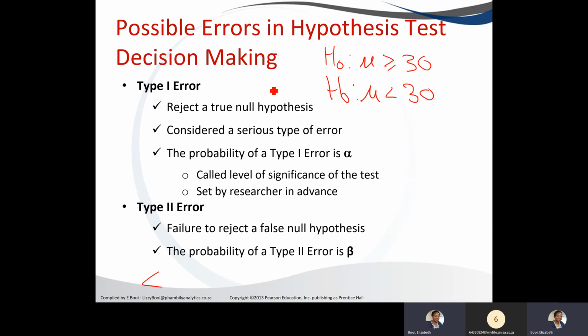But we know that what the researcher wants to prove always goes to the alternative hypothesis. So, since the mean less than 30 is what the researcher wants to prove, we put it in the alternative, H1, not H0.